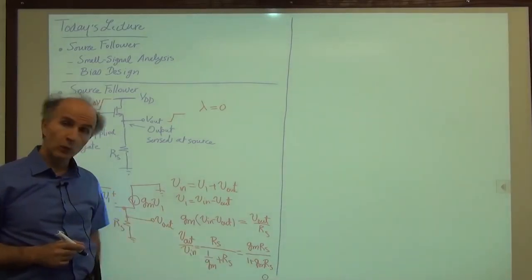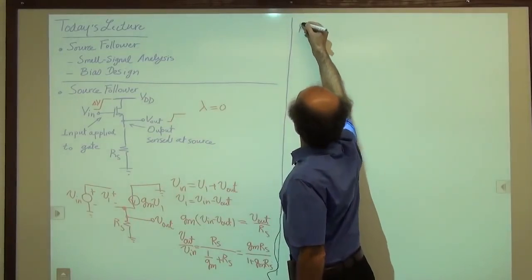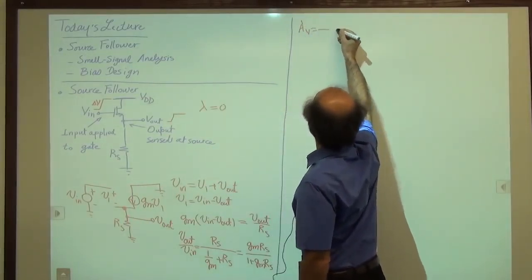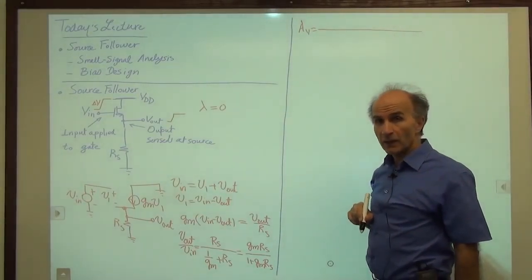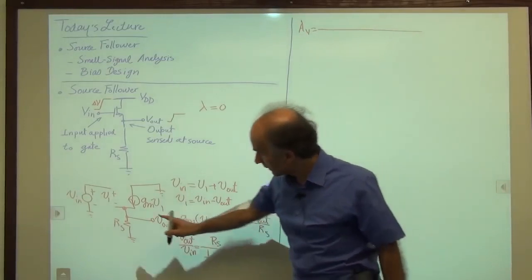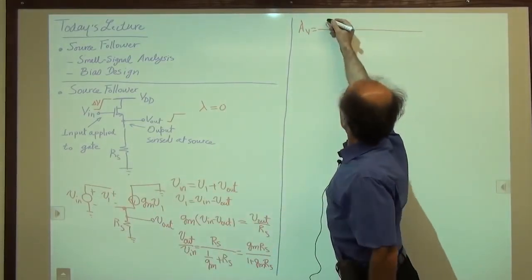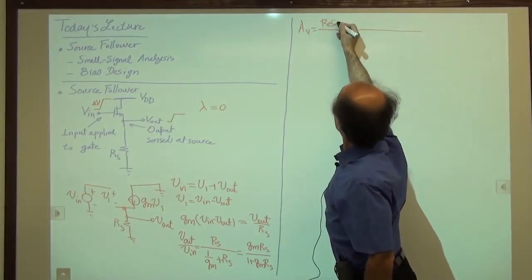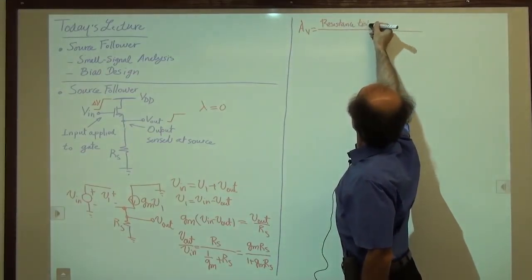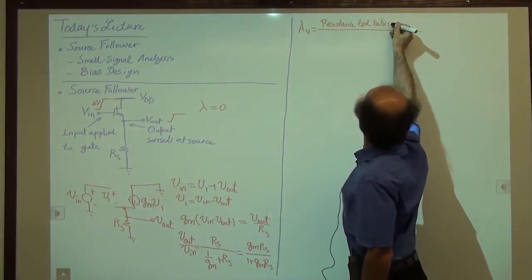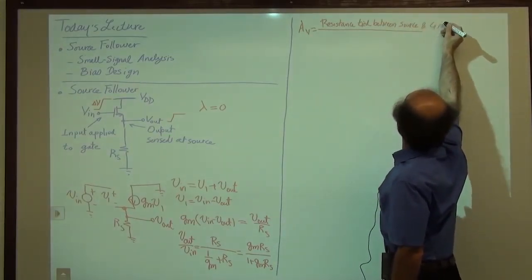Okay, so let's try to put this in words so that we always remember it. So we say that for a source follower, the voltage gain is equal to the total resistance tied between the source and AC ground from here to here. That's in the numerator. So resistance tied between source and ground. Ground means all grounds.